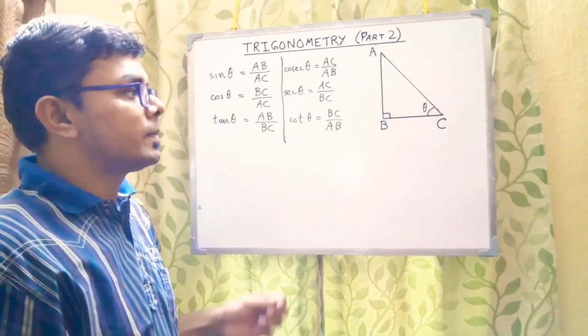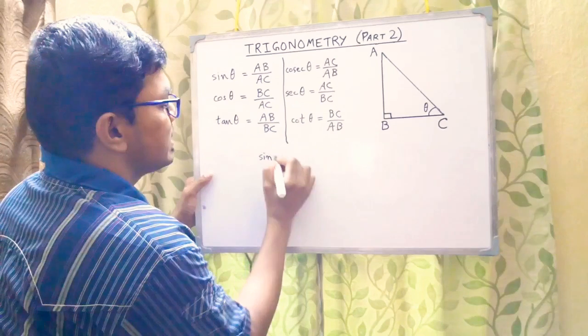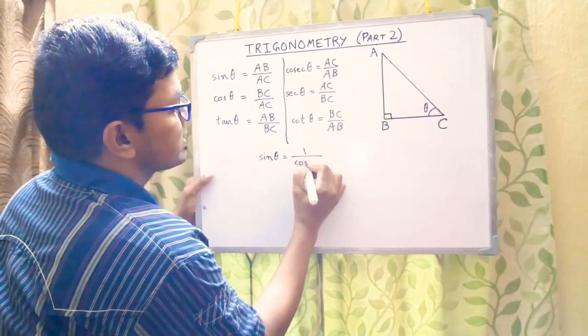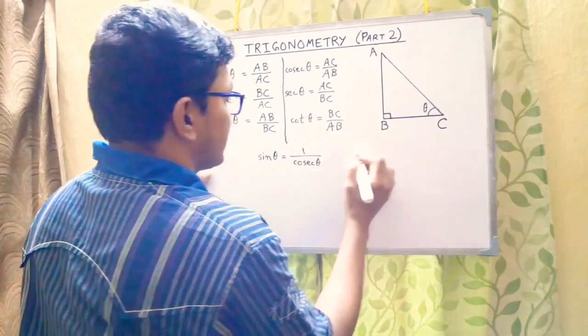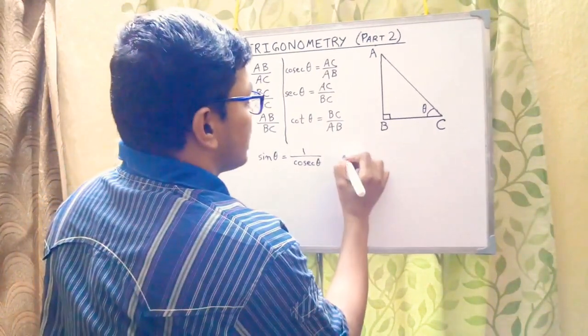Now we also learnt in the first video that sin theta equals 1 by cosec theta. This is an identity, or rather a trigonometric identity.